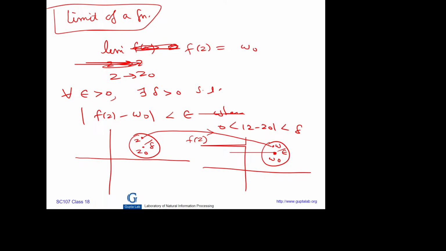It will work, so this whole thing will be less than epsilon. The delta should be 2 epsilon, then only this will happen. So by the epsilon delta technique, you can show the limit is this.